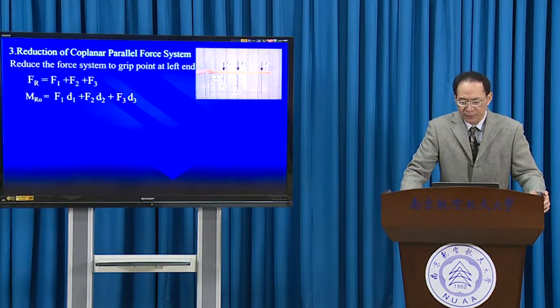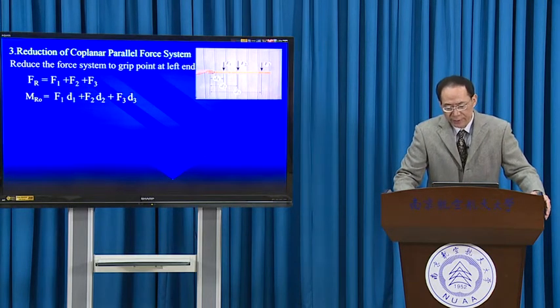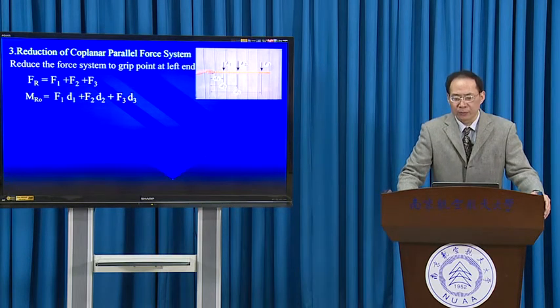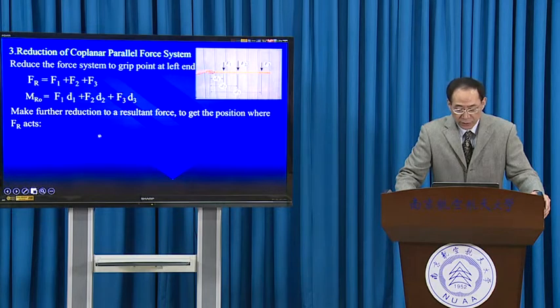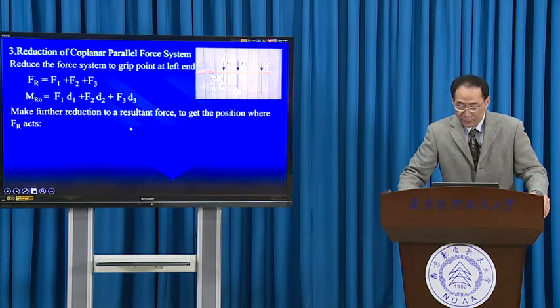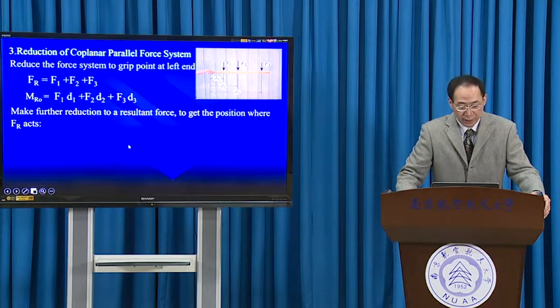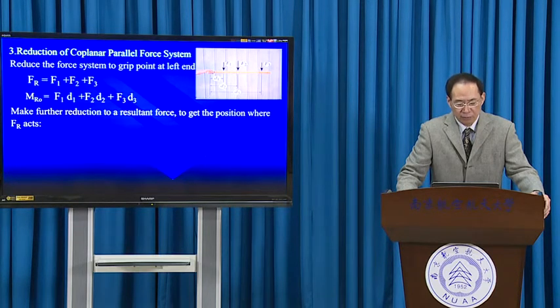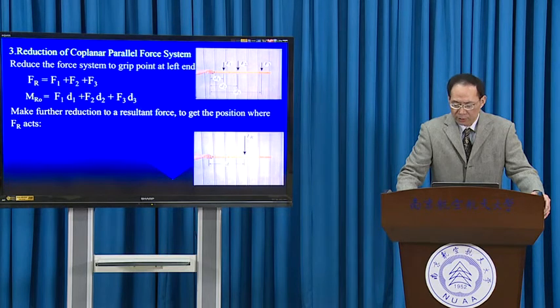That means we can determine a point where the resultant force Fr acts without any couple moment. So we make further reduction to get the position where Fr acts. We just apply the resultant moment theorem.